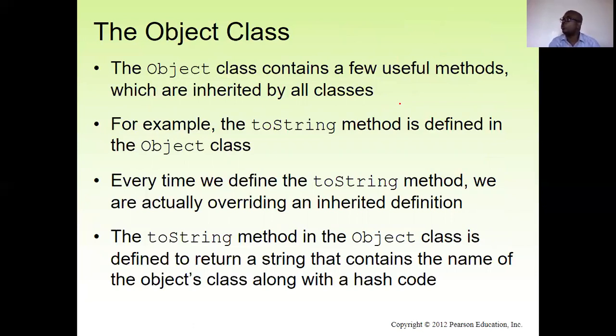Now, the Object class contains a few useful methods which are inherited by all classes. The toString method is one of them, which is why every class has a toString method, and you have to override it if you want it to behave a particular way. In the String class, for example, toString is overridden. If you don't override it, the default version from the Object class is going to be used, and what that does is return a string that contains the name of the object's class with a hash code.